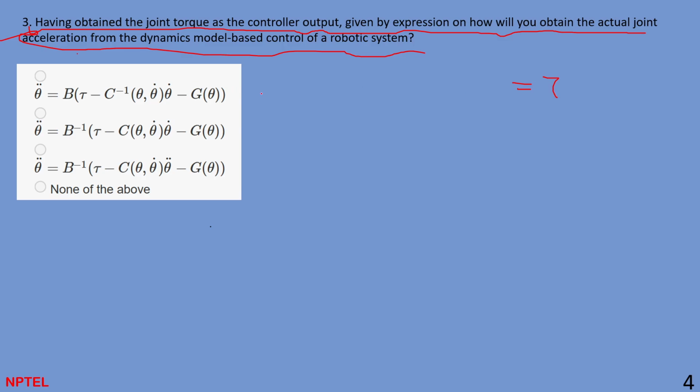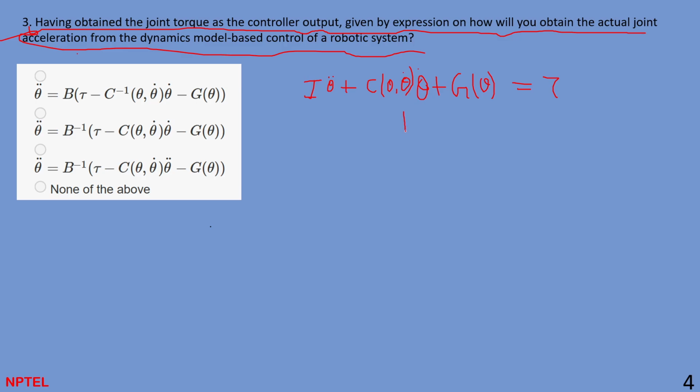It's something like I theta double dot, where I is the moment of inertia, the inertia component, and then there is C theta dot, the Coriolis or centrifugal component, and there is also G theta, which is a gravitational component.